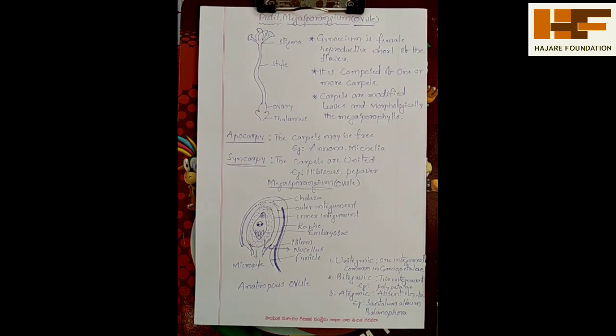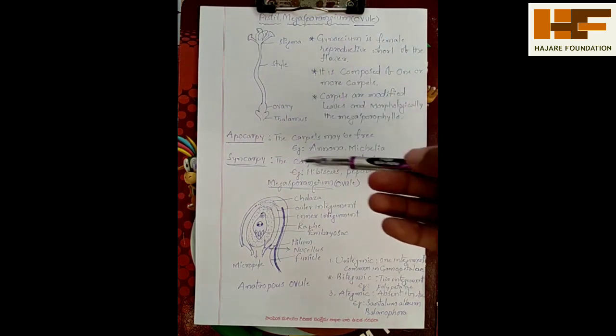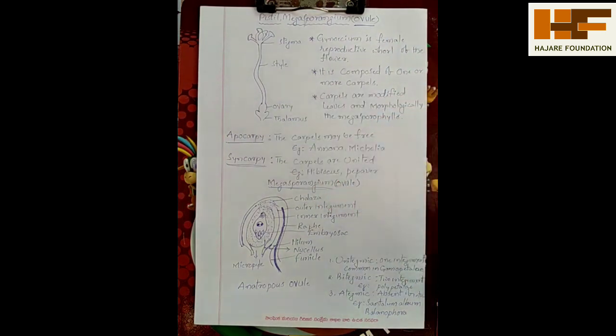Like in first PUC, we have studied the morphological structures, like the stigma, style, ovary and thalamus, and even the syncarpous condition and apocarpous condition, and the number of carpels. If you observe many types like Datura, we can observe a syncarpous ovary, and single carpels.